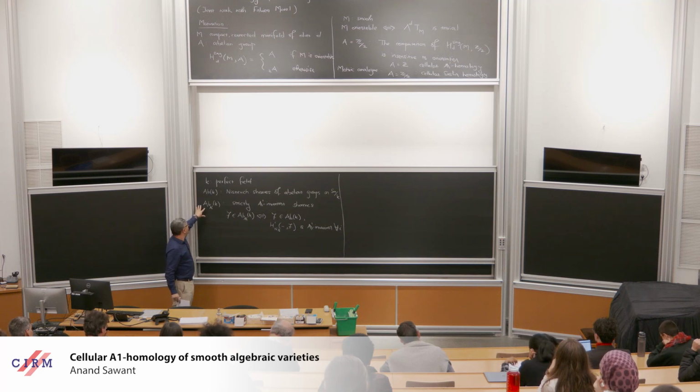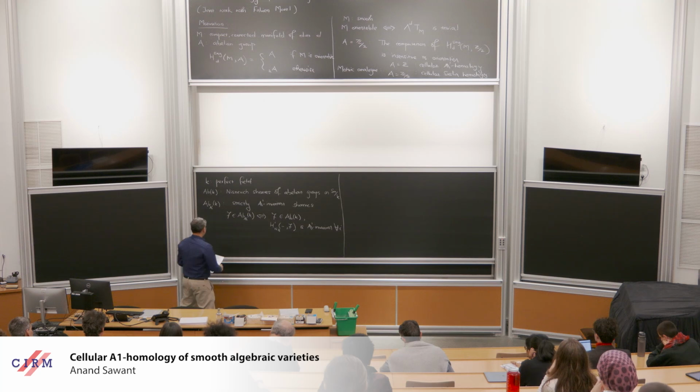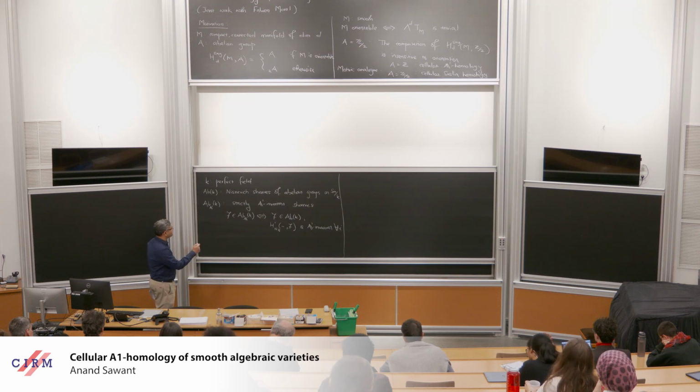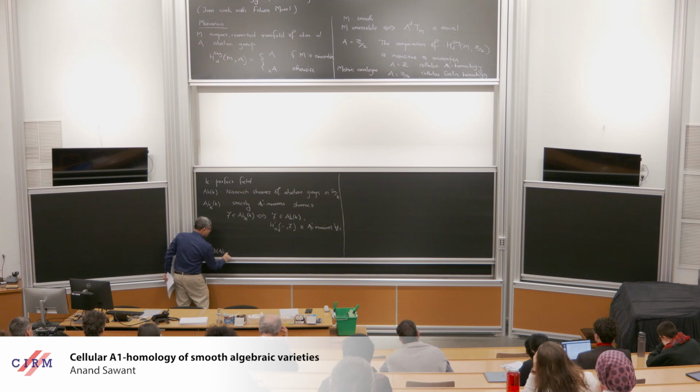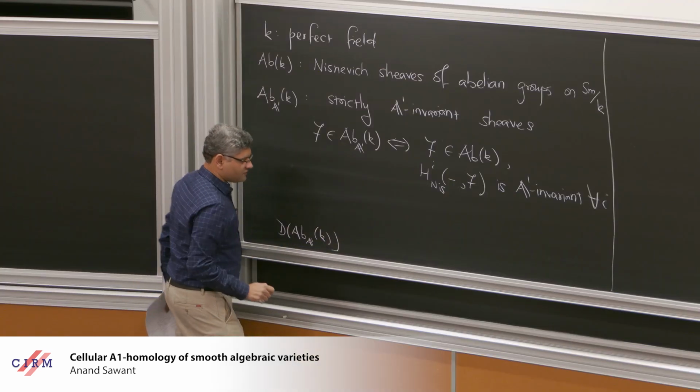This is because it is obtained as the heart of the homotopy t-structure. So you have the inclusion of strictly A1-invariant sheaves into all Nisnevich sheaves of abelian groups, and I want to look at the induced map at the level of derived categories of these.